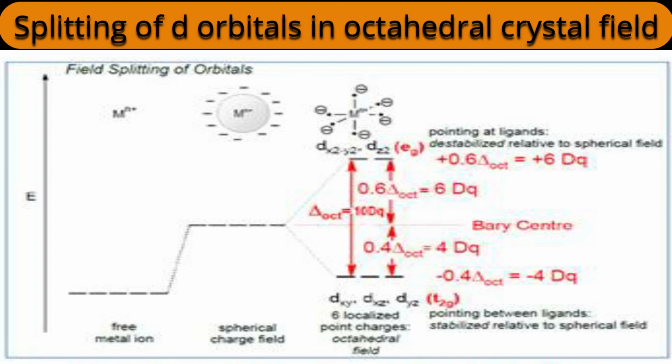Now an important point. Pay attention to the energy level of the free metal ion d orbitals. Compare their energy with the metal ion d orbitals in the spherically symmetrical field. What are you finding? There is a rise in energy. What does it indicate? There is a repulsion between the metal ion d orbitals and the negative spherical field. What is the situation in octahedral?